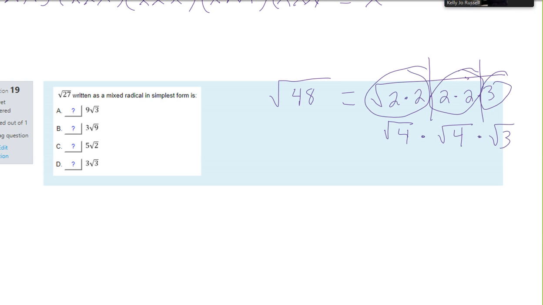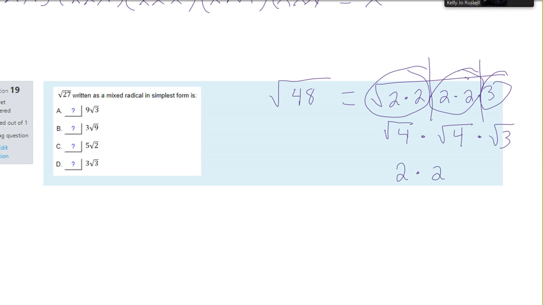Yeah. This might be a better visual for how it works out rather than dragging the stuff through, how I kind of said it was like a machine. The square root of 4 times square root of 4 times square root of 3 is the same thing. If I take the square root of 4, I get 2.